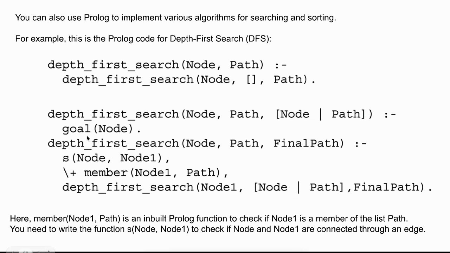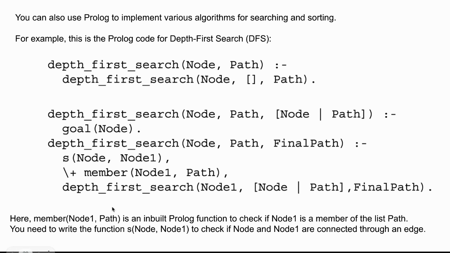So here this depth first search is a function that we have defined, but it is using a function called member node1 comma path, along with a negation over here. This is an inbuilt Prolog function and it checks if this node1 element is a member of the list path or not.